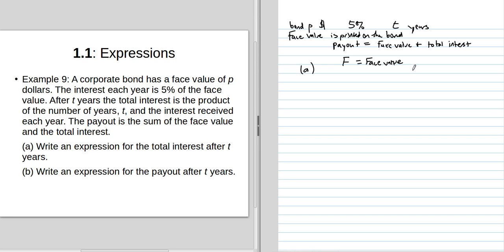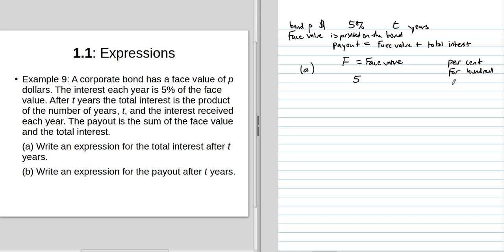So, write an expression for the total interest after t years. So, each year we get 5%. What is percent? It's a quick little thing to talk about. Per cent is a Latin word which means each 100.